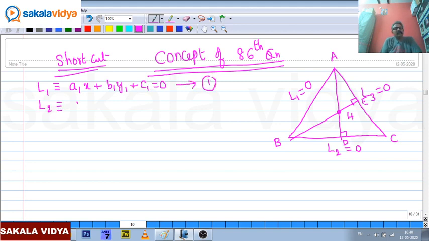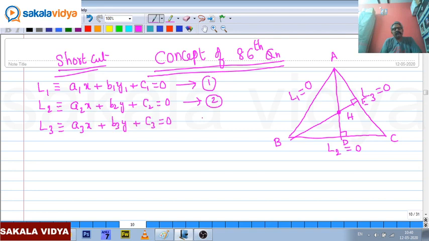L2 equals to A2x plus B2y plus C2 equals to 0, say equation 2. L3 equals to A3x plus B3y plus C3 equals to 0, say equation 3.